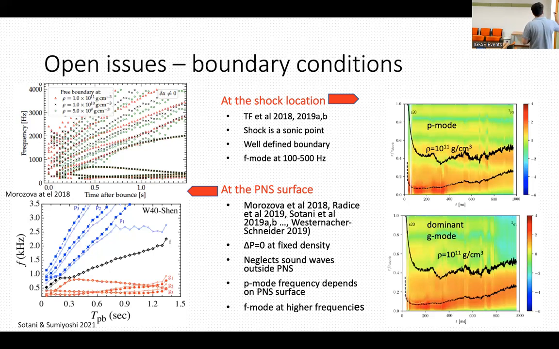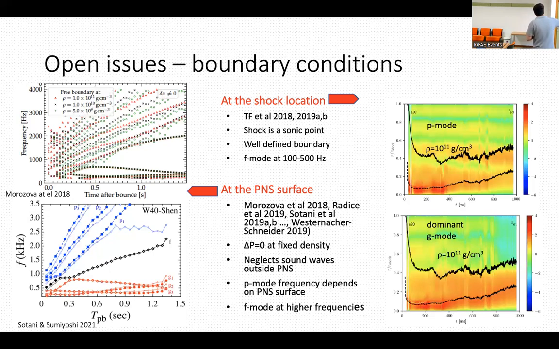It's a sonic point, where the fluid changes from flowing supersonically to subsonically. So there is a very clear point, and it's easy to impose. We just impose that one of the eigenfunctions cannot propagate outside there. So this will be a node at this point. And we cannot propagate outside because the density is much higher.